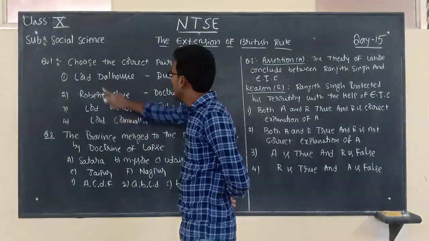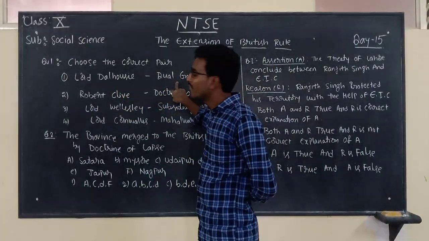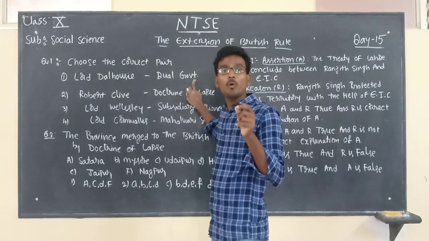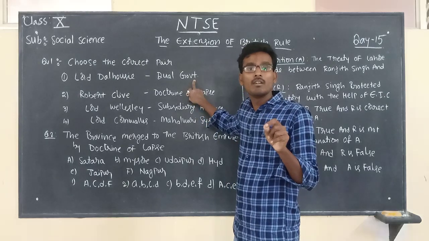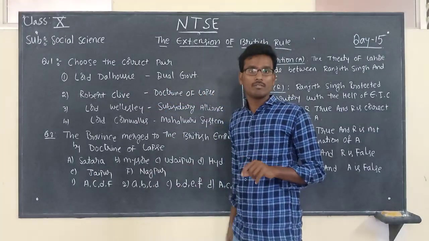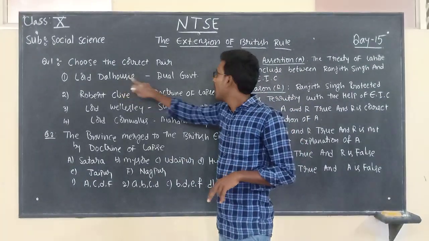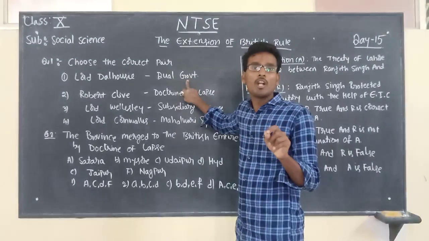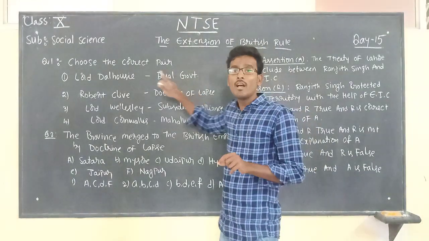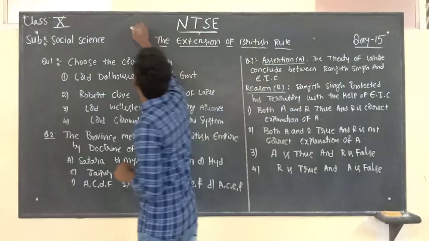Okay, first one. Lord Dalhousie. What have they given here? Dual government. Actually, who implemented dual government? Dual government was implemented by Robert Clive. Listen carefully. The first pair, Dalhousie, is given and they mention dual government. But actually, dual government was introduced by Robert Clive in which year? 1765.